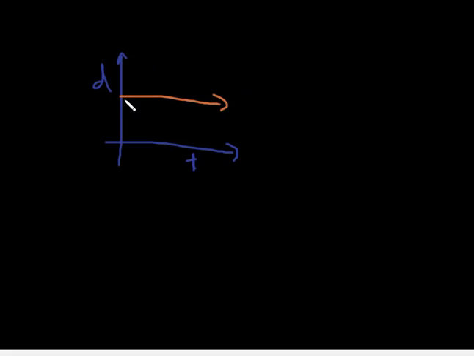So here, see, distance remains constant as time is increasing. Time is increasing here, but distance remains constant. In this region, this region, all the regions, the distance remains constant. That means the body is at rest.